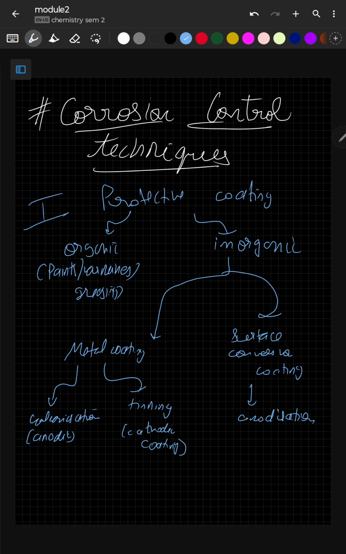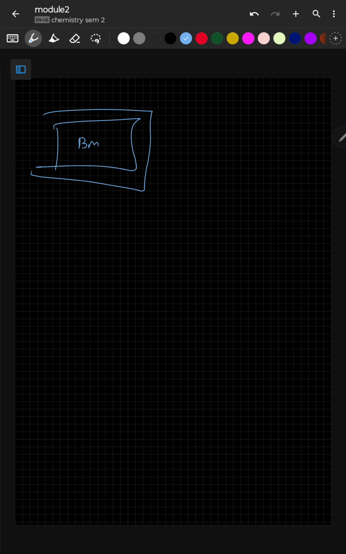So let's start with galvanization. Before that, let me tell you briefly what exactly is happening, because that also is important. Metal coating is done by electroplating. What we're doing is depositing one metal on another, on the base metal.